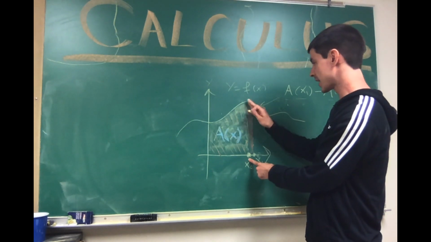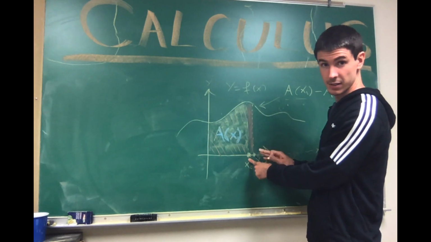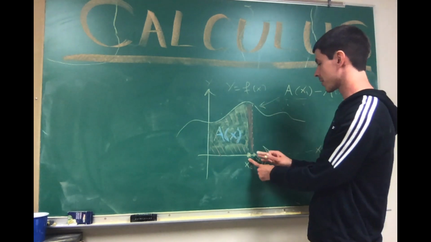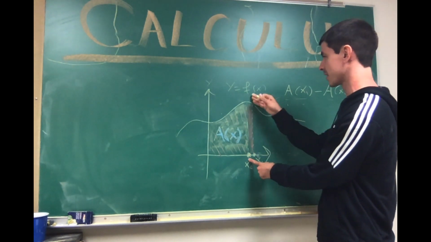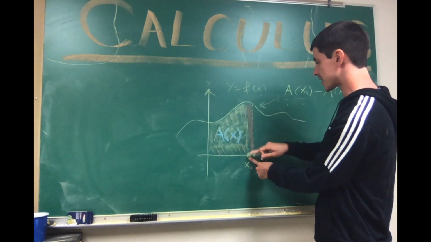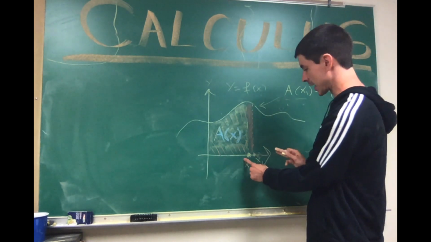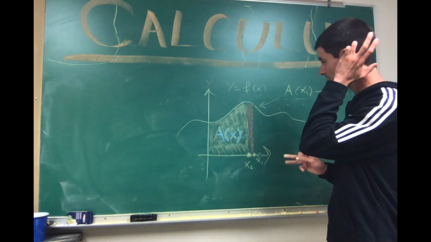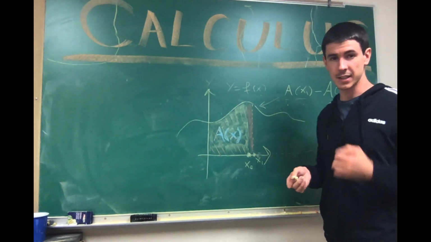So if it were a perfect rectangle, it would just be the height of the rectangle, right? And this basically is a perfect rectangle, so it basically is the height. It basically is f of x0, or f of x1. It's basically that, but it's the average value between x0 and x1, which is why I would call it the average value. If you think about it, it makes sense.